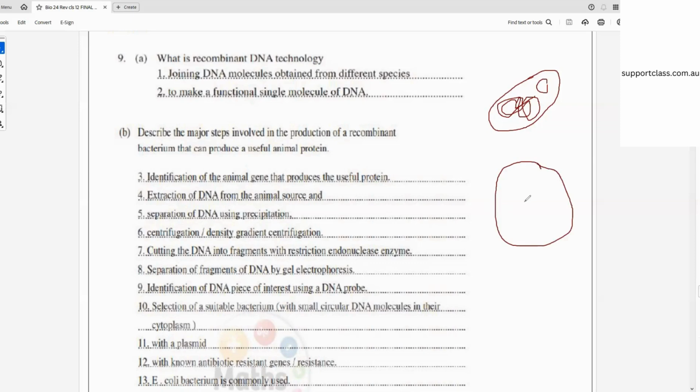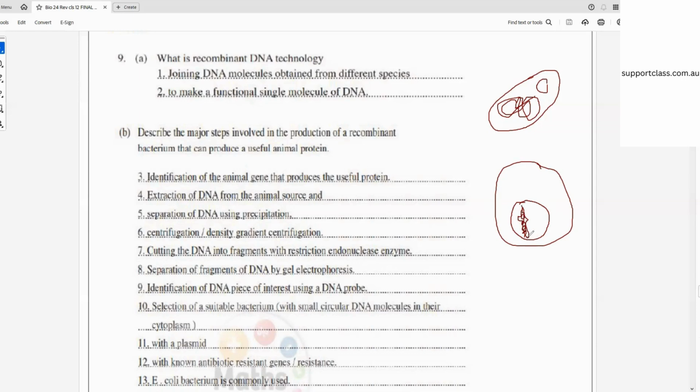They have a nuclear membrane, and inside you have chromosomes, and DNA is surrounding or embedded in the chromosome.